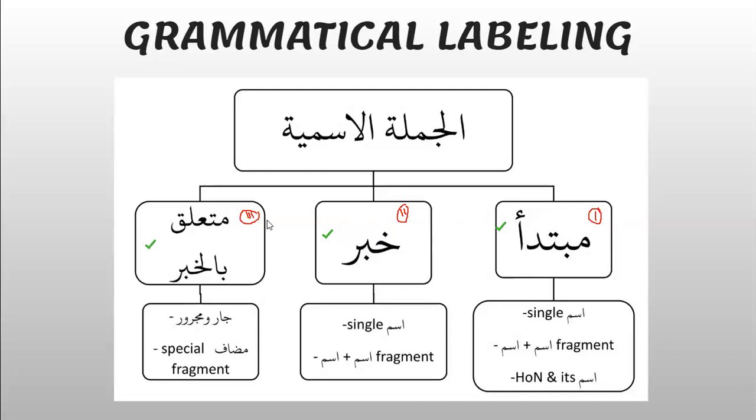And muta'alliq bil khabar is also a description, but it basically comes in the fragment of jar majroor or special mudaf. So khabar is just the description without a special condition, right? Yes, khabar can be anything.